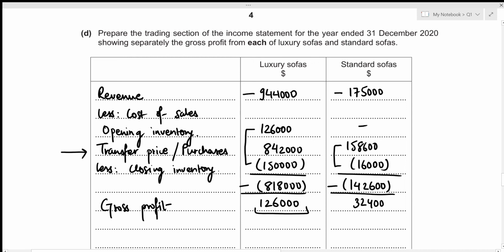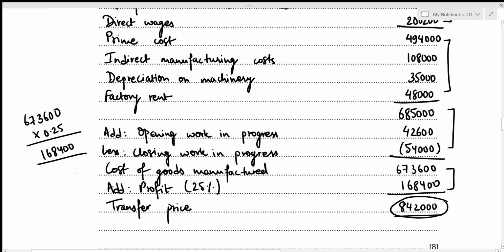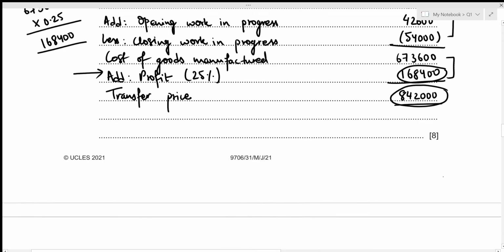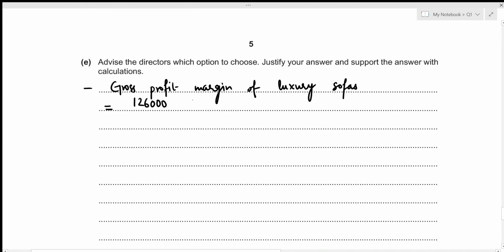So in order to figure out our gross profit margin, we obviously again have to add that profit from the factory back in the calculations. So let's have a look at the first section where we calculated our profit from the factory. So that's just 168,400. And this profit should be added back in order to figure out our gross profit margin for luxury sofas. Let's add it. So that's plus 168,400.